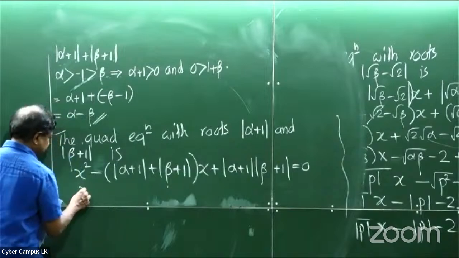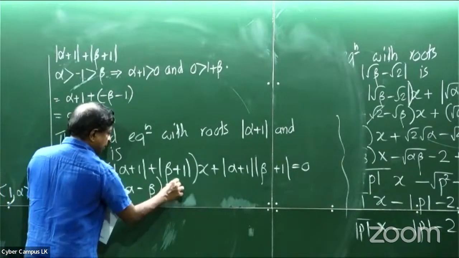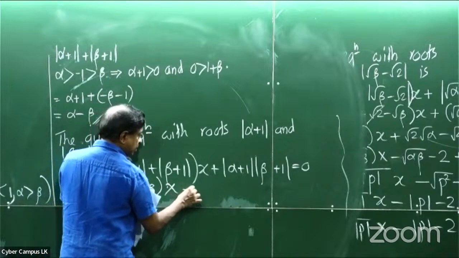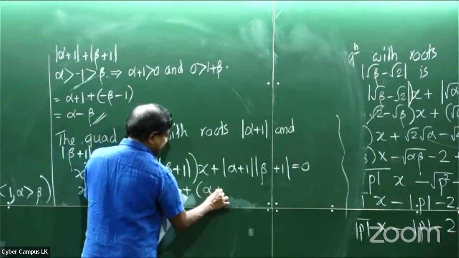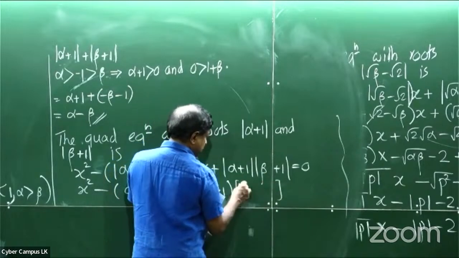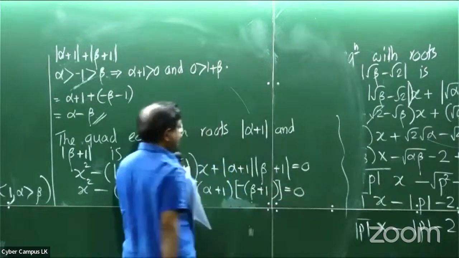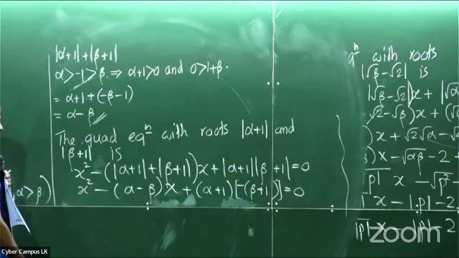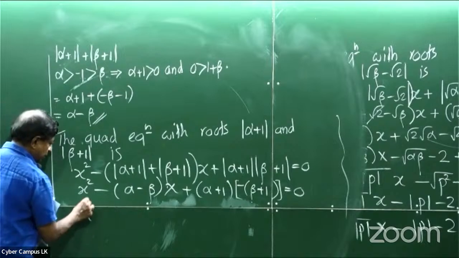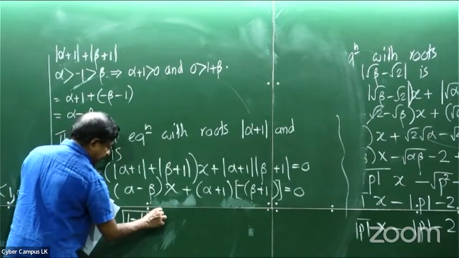So it is x squared minus alpha minus beta times x. Now this is alpha plus 1 minus times alpha plus beta plus 1. So this is 2 times the square root of 1 minus k squared.